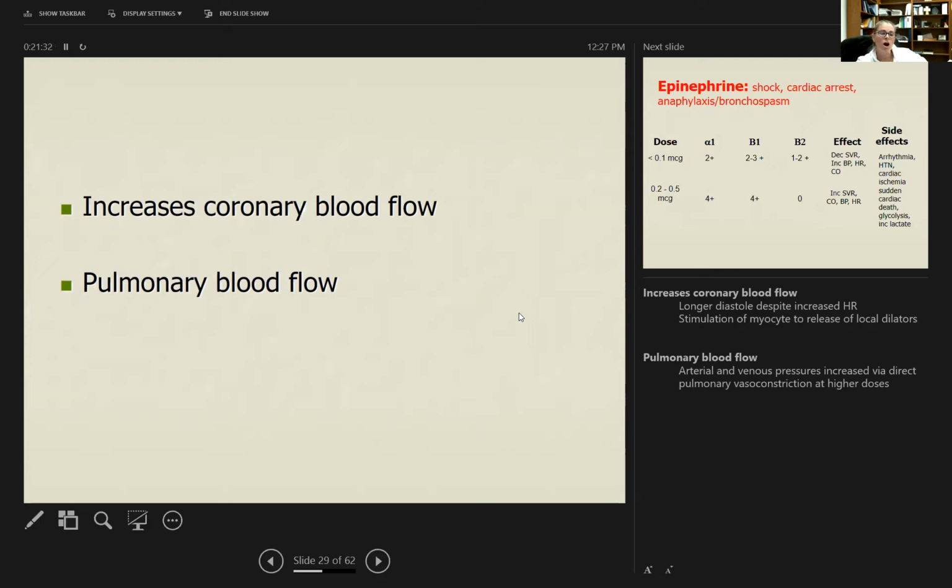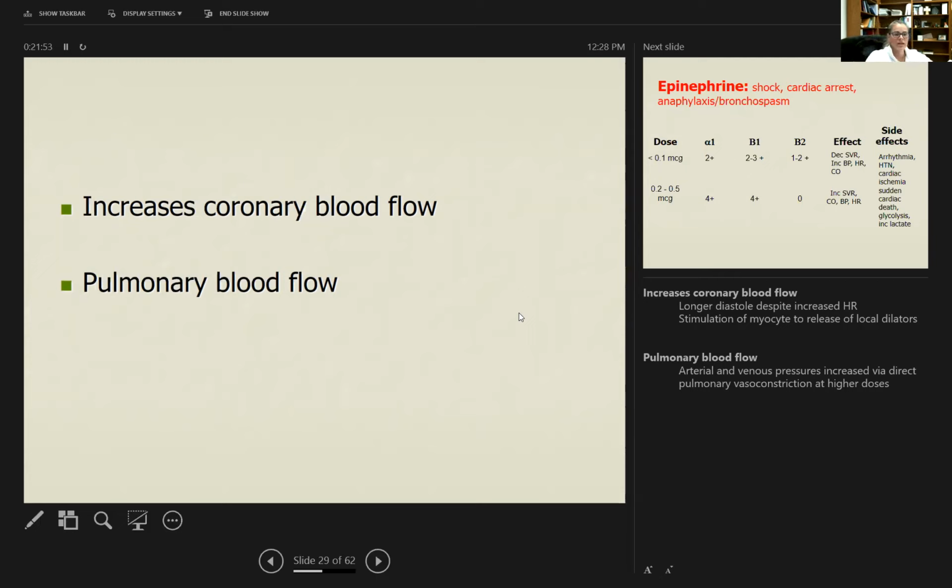And although the heart rate goes up in the setting of epinephrine infusion, what we also see is a longer time in diastole, a longer portion of the cardiac cycle in diastole, which will increase coronary blood flow and will help that struggling myocardium.